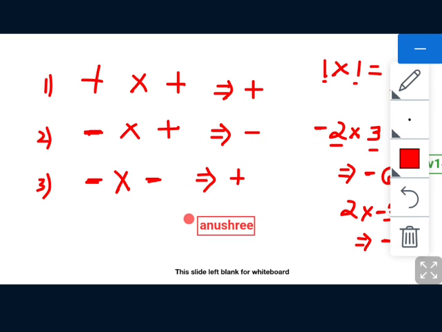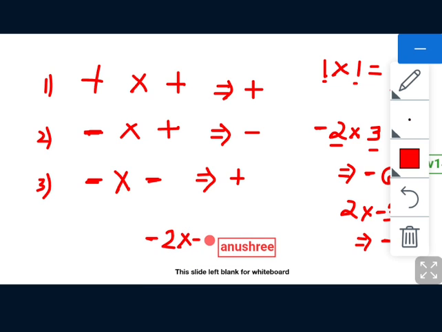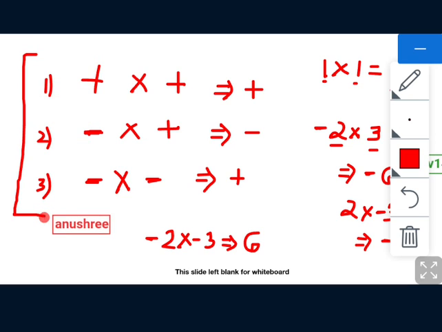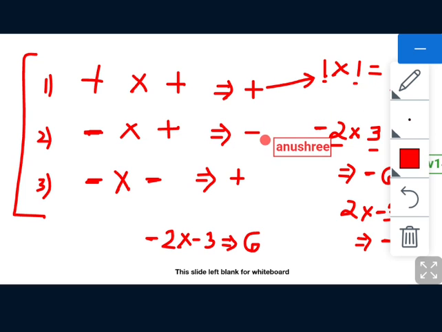Okay, so its example is, suppose this is minus 2 multiplied by minus 3, your answer will be 6. So you just write this down, these 3 things, that's important. Write this one and its example is this. Write this one, its example is this. Write this one, its example is this.